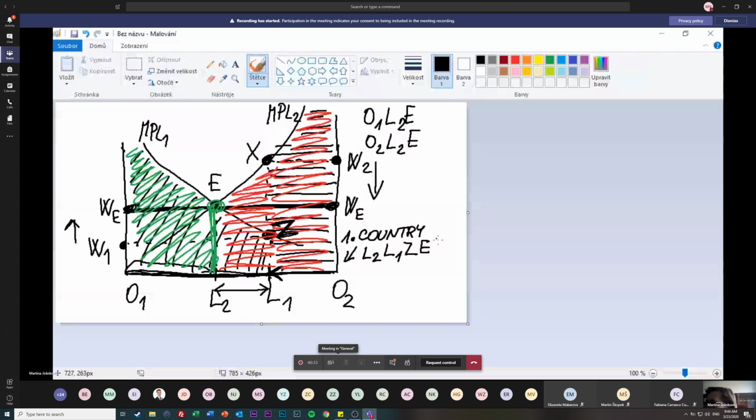As for the GDP, their GDP decreased. The second country, there was GDP increase. They have increased by L2, L1, XE. This is in the second country, there is GDP increase L2, L1, XE.